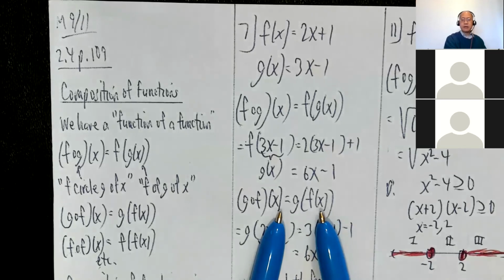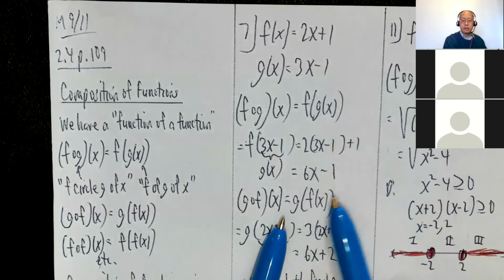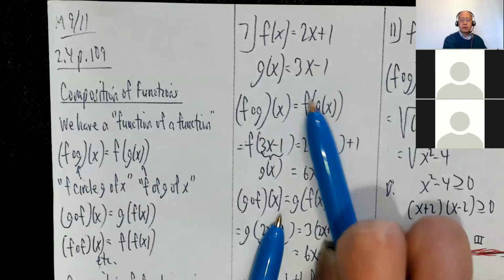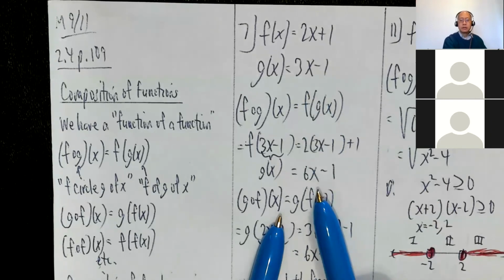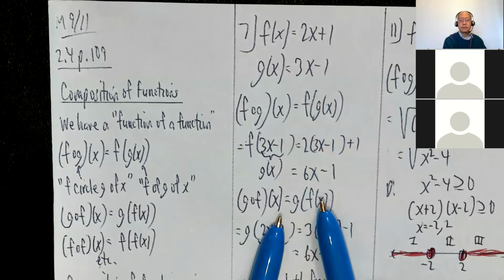Okay, so again, let me cover the pens up. This is what g does. Multiplies it by 3 and subtracts 1. Suppose it's g of 7. You would go 3 times 7 minus 1. Suppose it said g of 1,000,000. 3 times 1,000,000 minus 1. Suppose it says g of w. 3w minus 1.